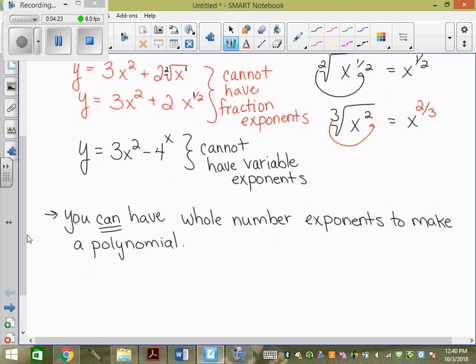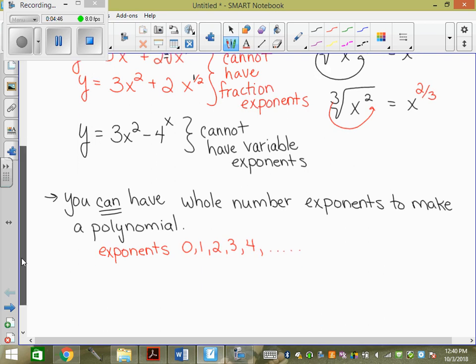What are whole numbers? What's the first number with a whole? 0. So whole numbers start at 0 and keep going. 0, 1, 2, 3, 4.